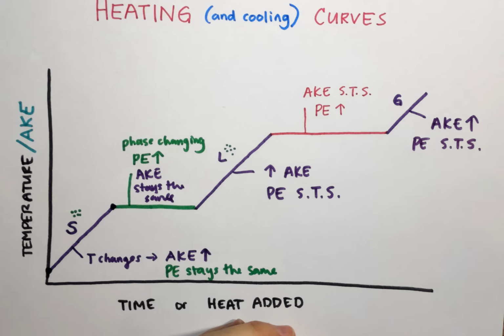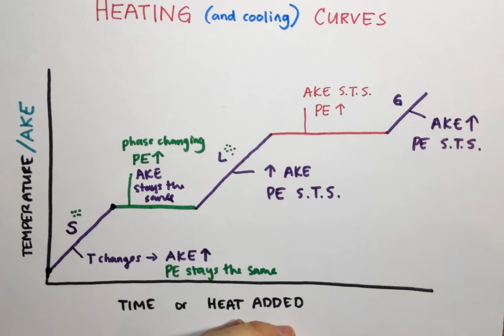I can cool that gas down until it begins to condense. I can then take that pure liquid and cool it down until it begins to freeze or solidify. And I'm going to be left with a pure solid whose temperature I can decrease. The same situation applies on this now cooling curve where heat is being released. Along my flat lines, we see average kinetic energy staying the same because temperature is not changing.